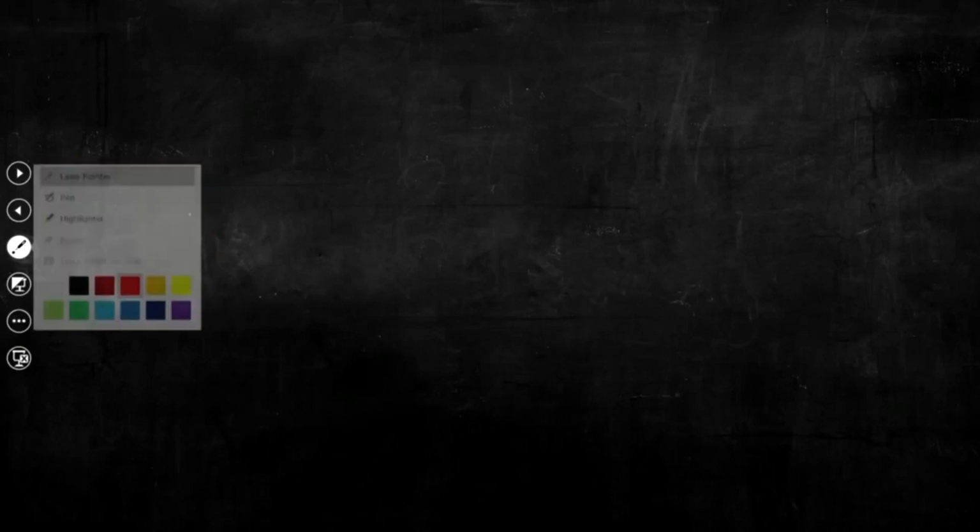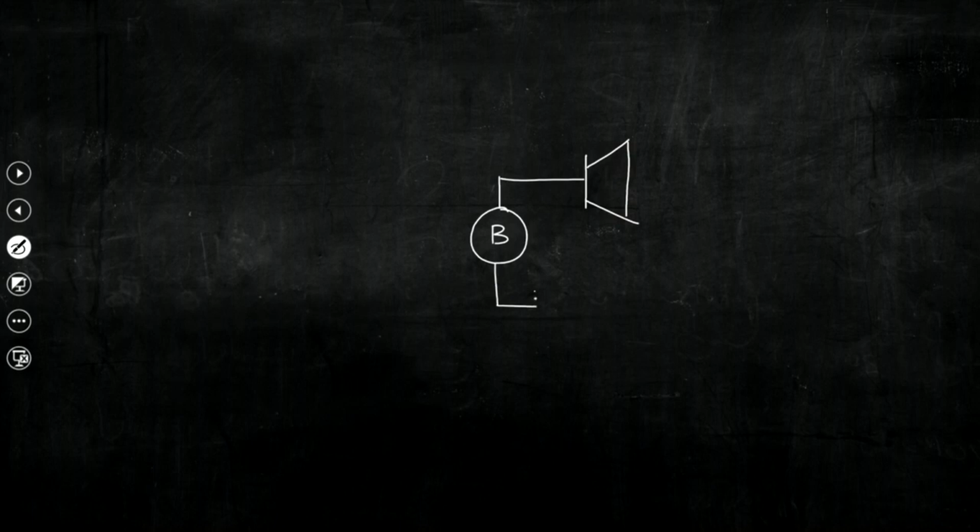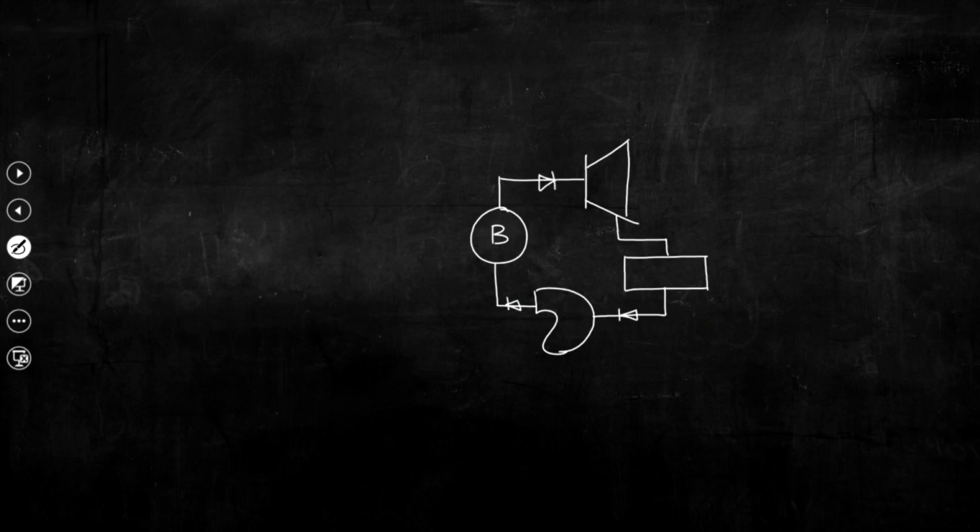So, if we try to draw the steam power plant schematically, then we will see that condenser plays an important role.